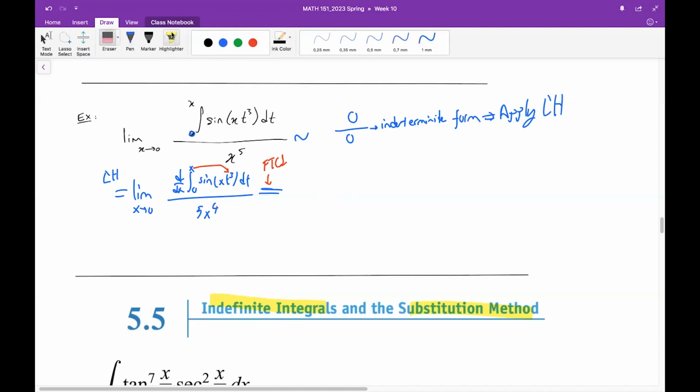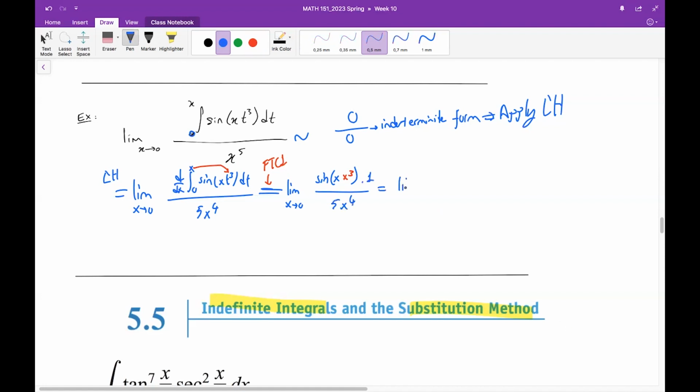Limit as x goes to 0. Sine x, for t, I am inserting the function that I see here, so x cubed. Be careful, you are inserting for t, not x. Then I need to multiply by the derivative of this function, which is 5x to the power 4.